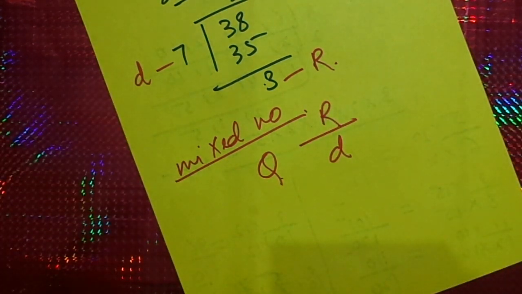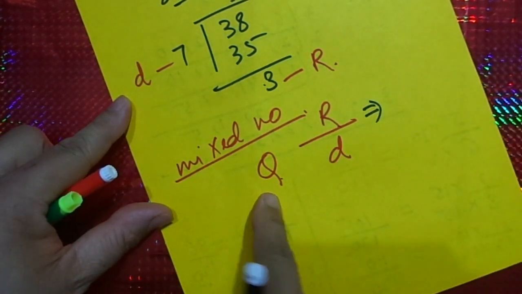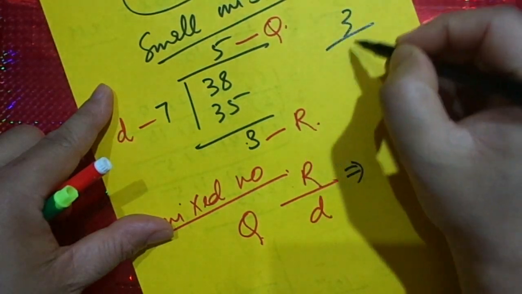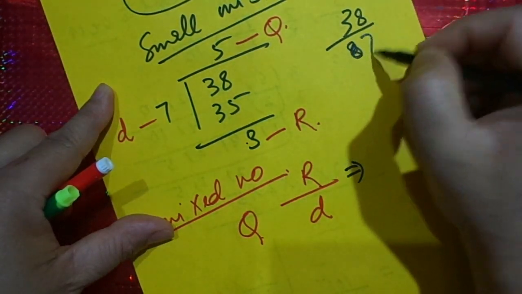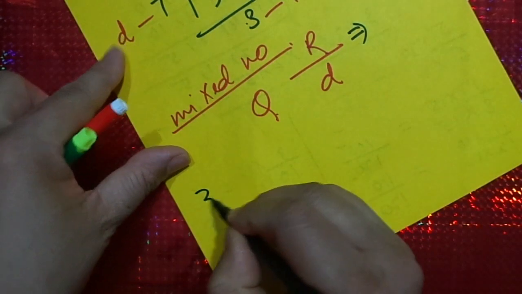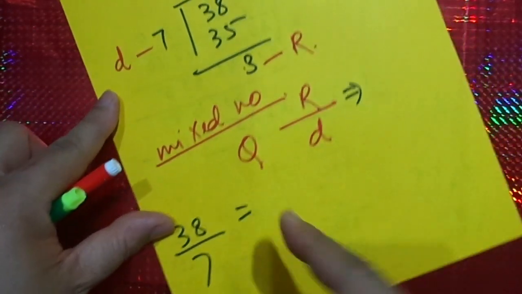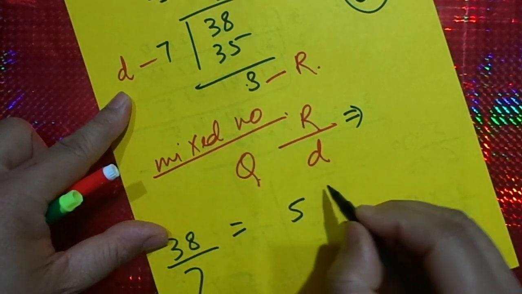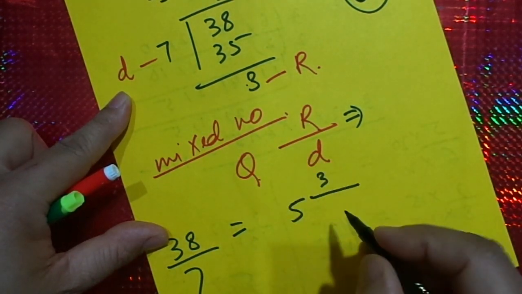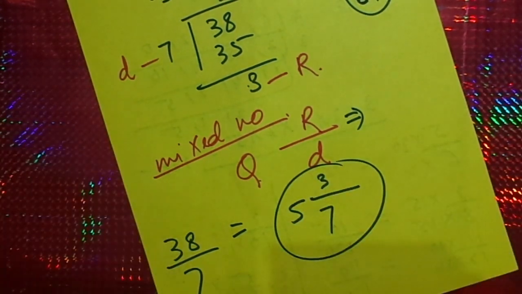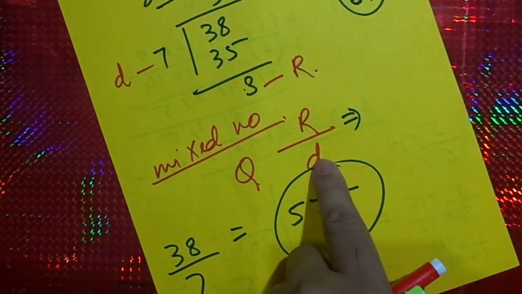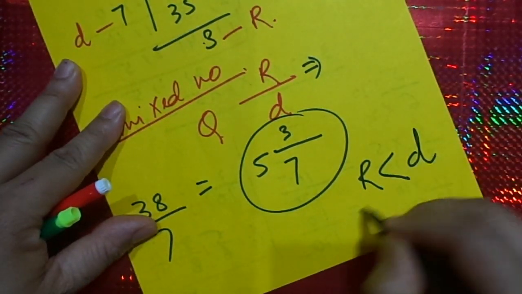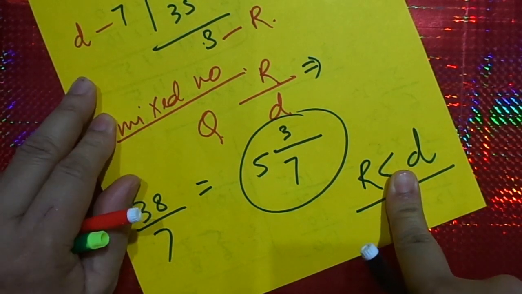Or you can say that the same value 38 by 7, 38 divided by 7 can be written as quotient was 5, remainder was 3, and then divisor was 7, because remainder will always be less than the divisor when you divide a number.